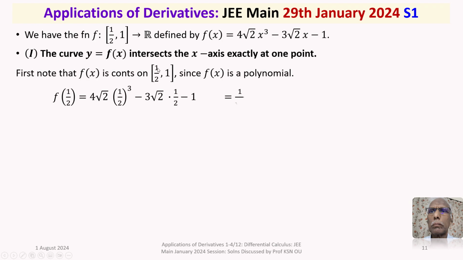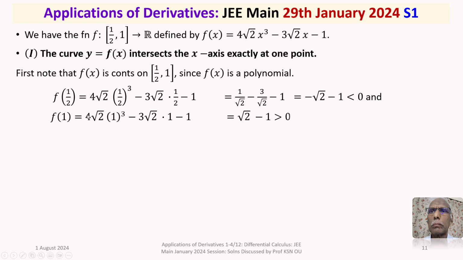F of 1 by 2: substitute x is equal to 1 by 2 and simplify. You will get minus root 2 minus 1, which is negative. Right. F of the other end, that is f of 1: for x is equal to 1 you substitute, simplify, you will get root 2 minus 1, which is greater than 0. Thus, f of 1 by 2 and f of 1 have opposite signs.